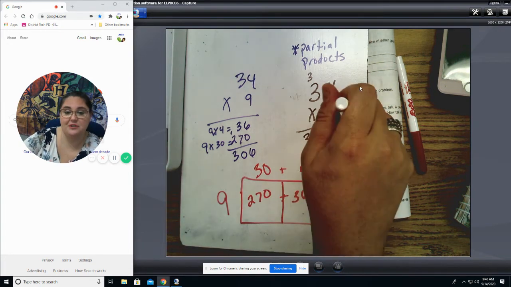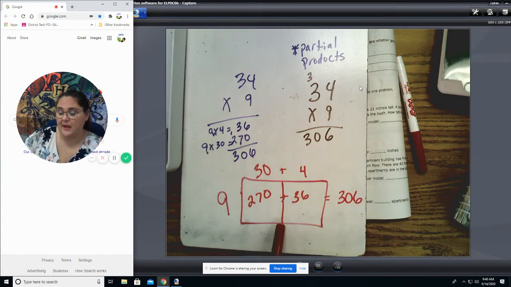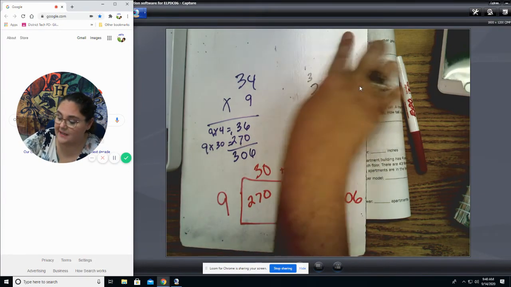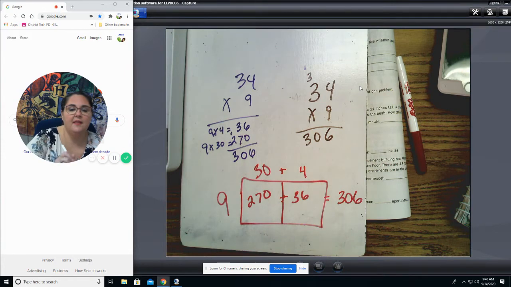Sometimes I'm going to use traditional. Sometimes we're going to do area. Sometimes we're going to do partial products. But what I need you to understand is find the method that works for you. I can't say that enough. Find the way that works for you.